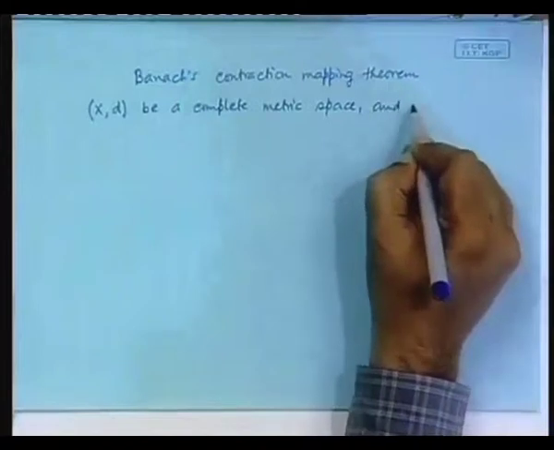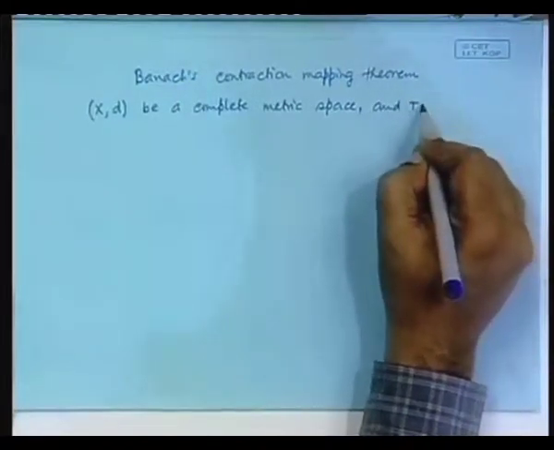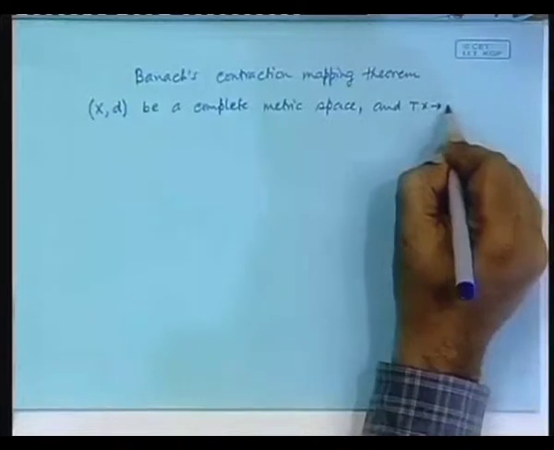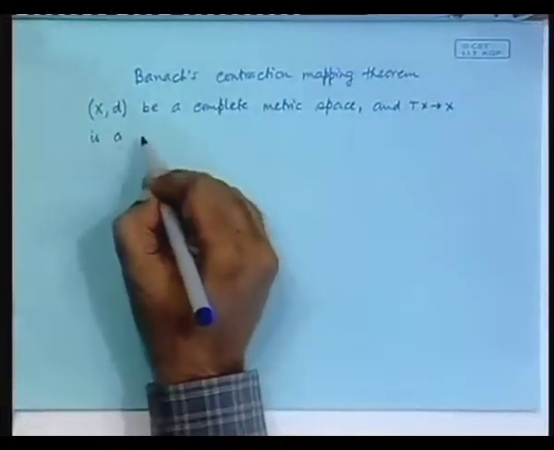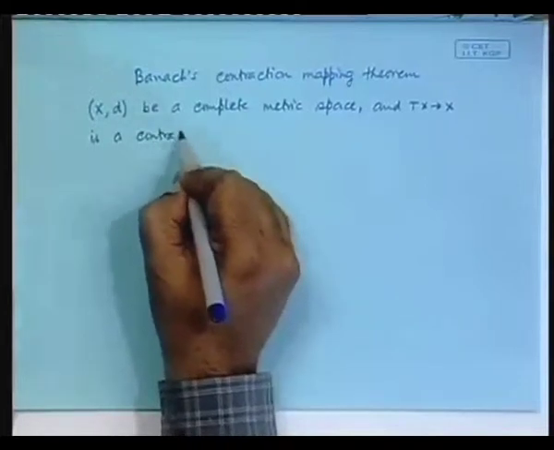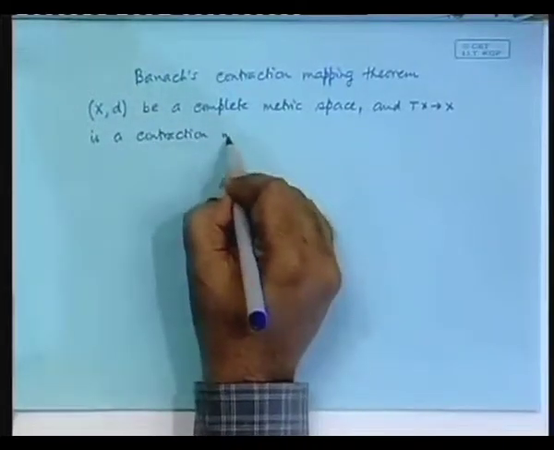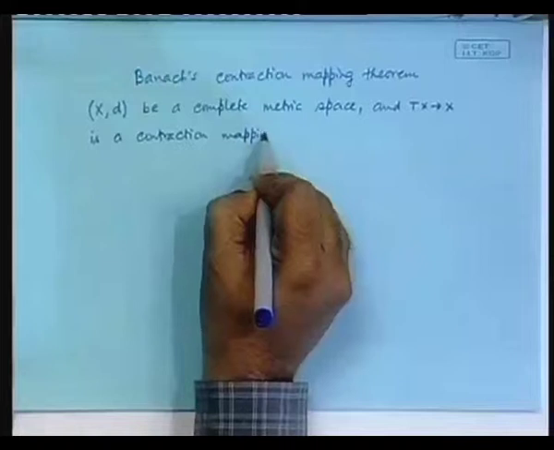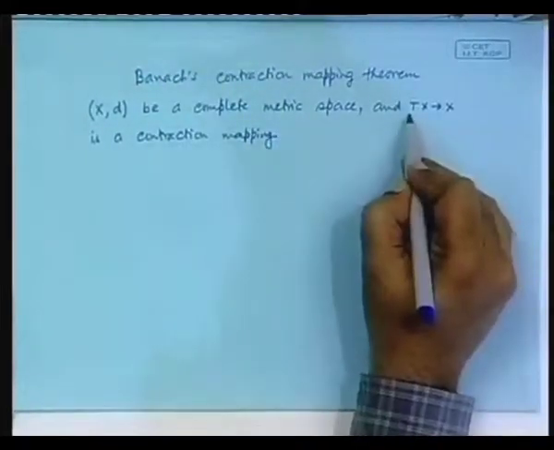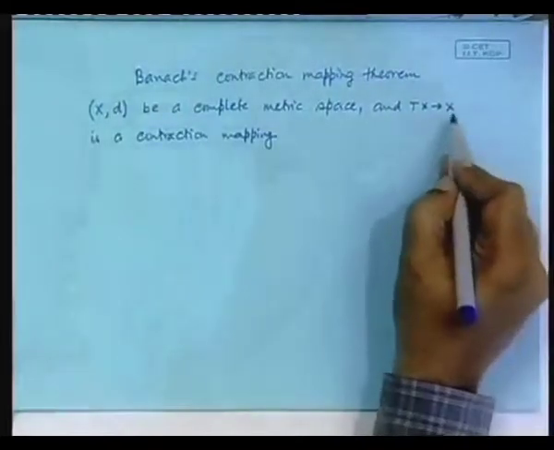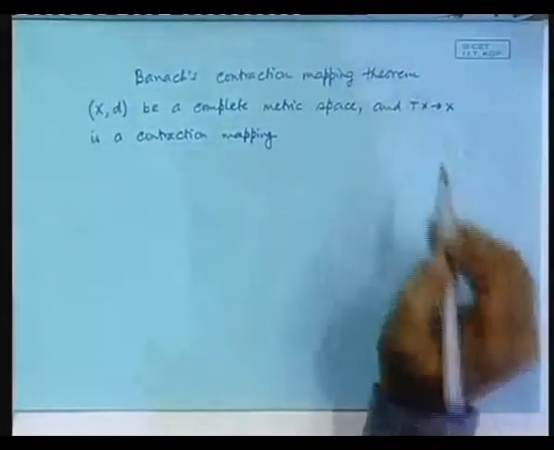And T applied on X to X is a contraction mapping. Okay. So, T applied on X also falls in the space X, that is why T: X to X.